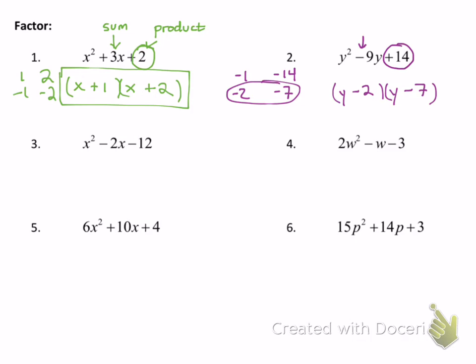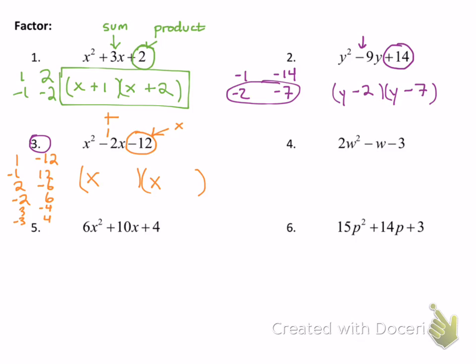Okay? Try number 3. If you listed out all your factor pairs and you're a little confused, I don't blame you, right? Multiplies to negative 12 but adds to a negative 2, right? Is there such a number?